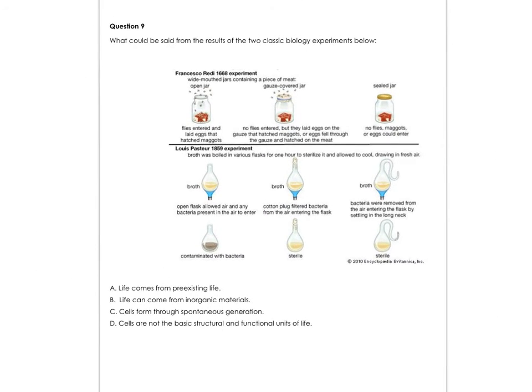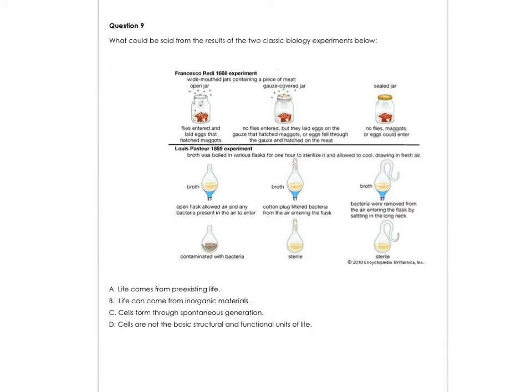This question is about the spontaneous generation questions. These are two famous experiments done in the 1600s and the 1800s. They were not covered in class. I didn't want to cover them in class because I wanted to give you the opportunity to be given an experiment that you have to analyze.